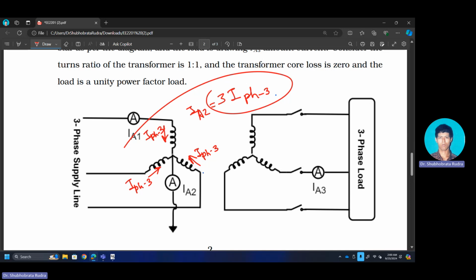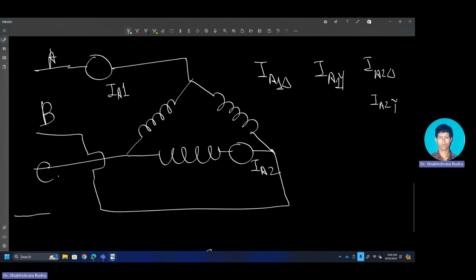Now it becomes interesting when you connect it in delta. You can assume the same amount of current is flowing through the individual phase. Therefore, you can expect that IA2 delta is equal to 1 by 3 IA2Y. Then how can we relate IA1 delta with IA1Y? When you connect this, the line current becomes free from third harmonics.